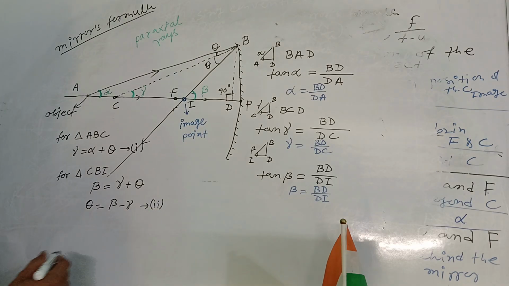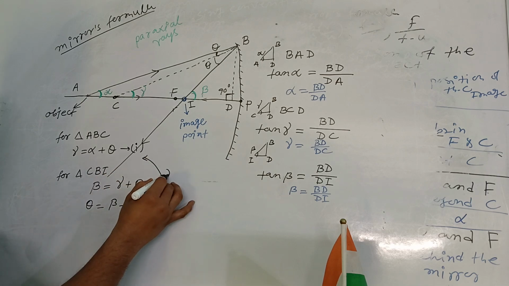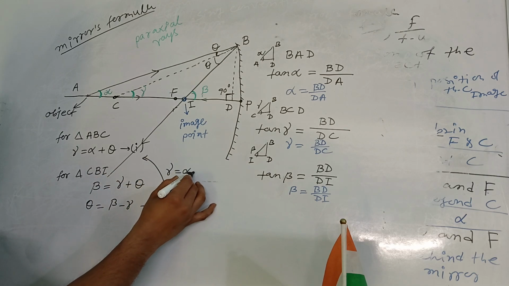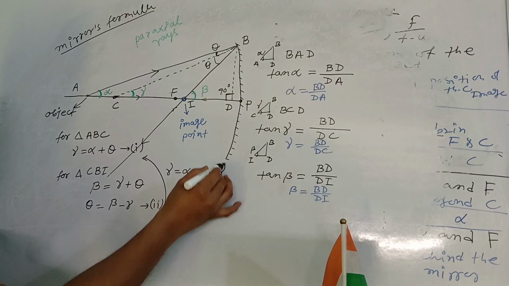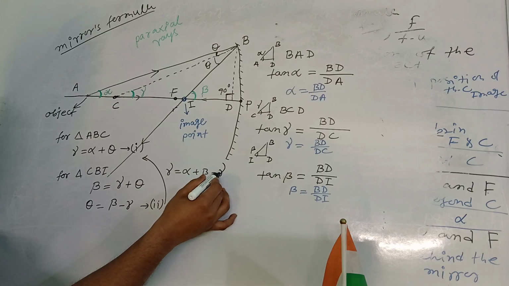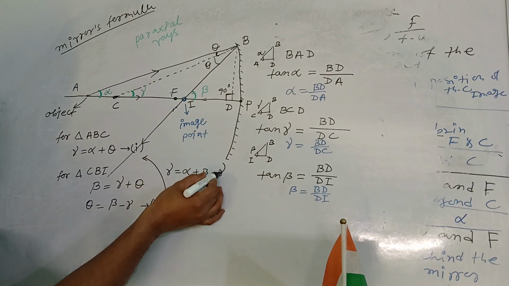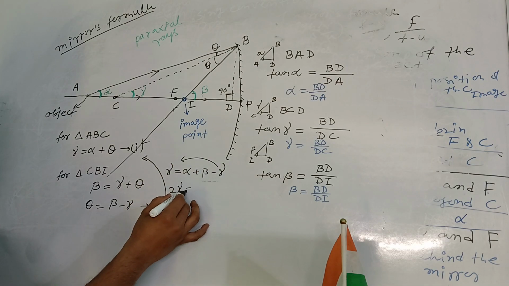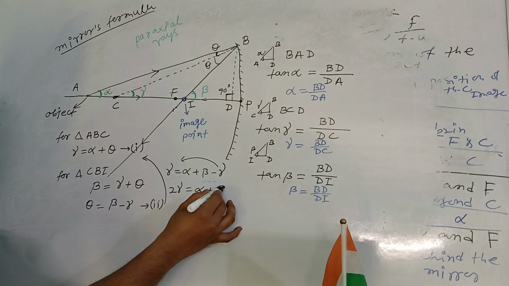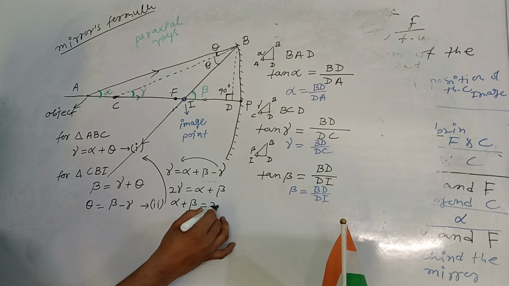Now put equation 2 in equation 1. So I am getting gamma is equal to alpha plus beta minus gamma. Shifting this minus gamma to this side, I get 2 gamma is equal to alpha plus beta, or alpha plus beta is equal to 2 times gamma.